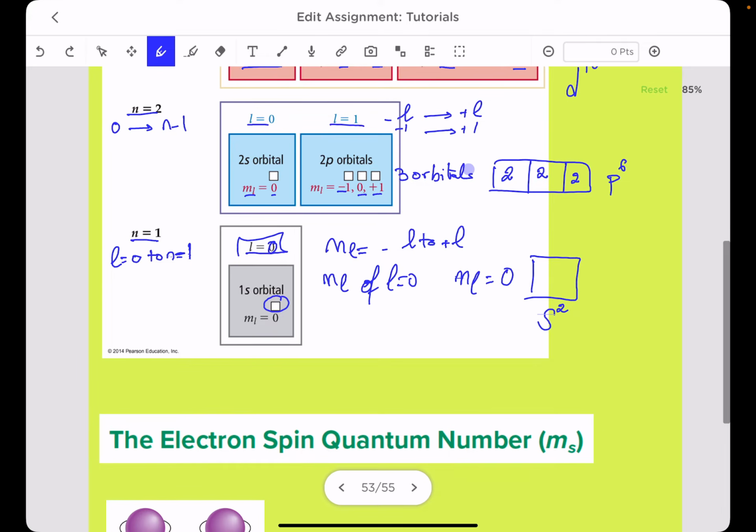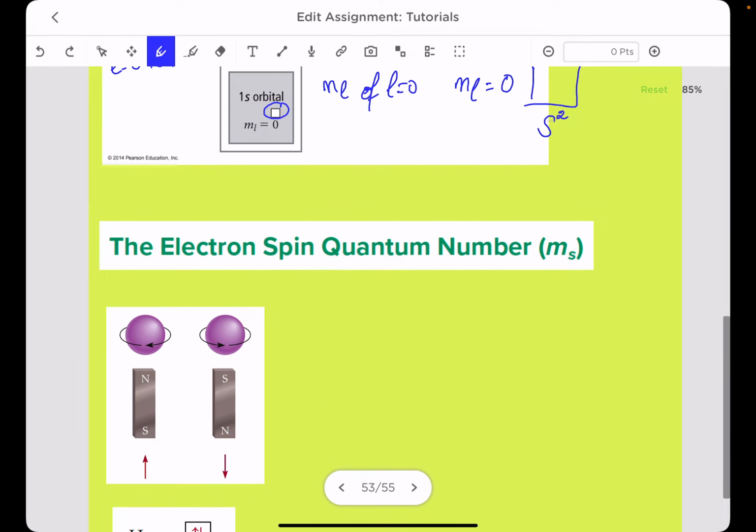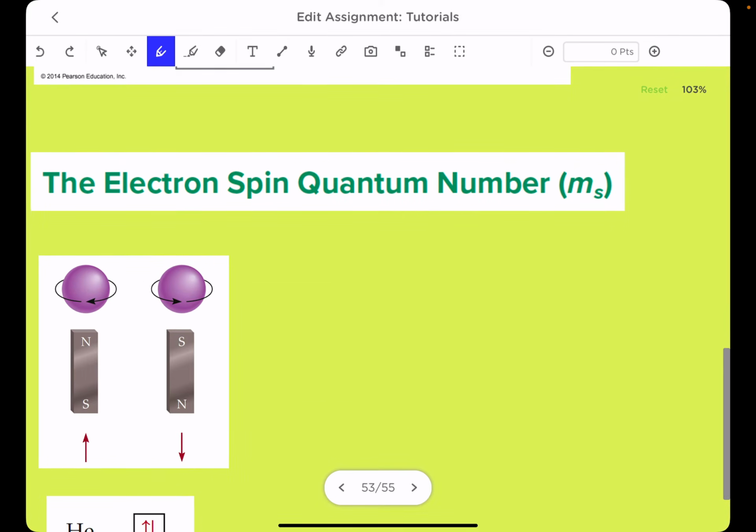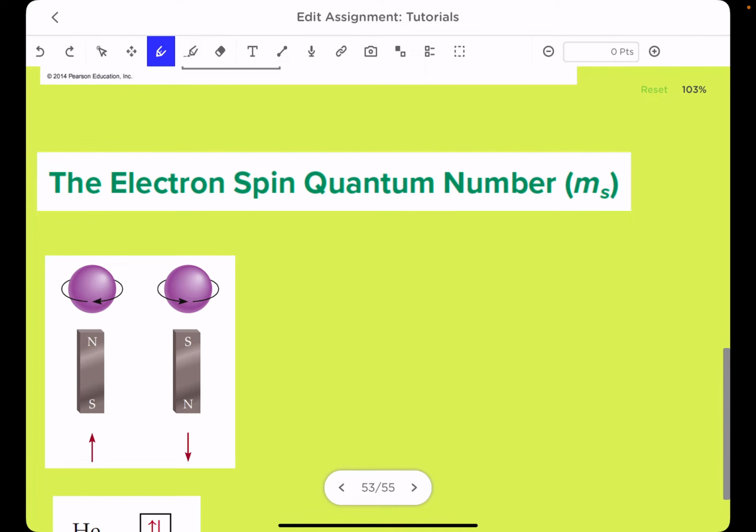Okay? Now, the last, or the fourth, quantum number is the electron spin quantum number. Electrons act like tiny magnets. If electrons are thought of as spinning on their own axis as Earth does, their magnetic properties can be accounted for.